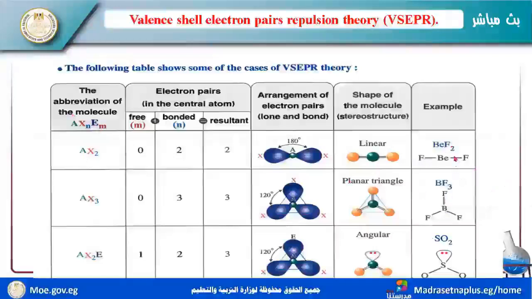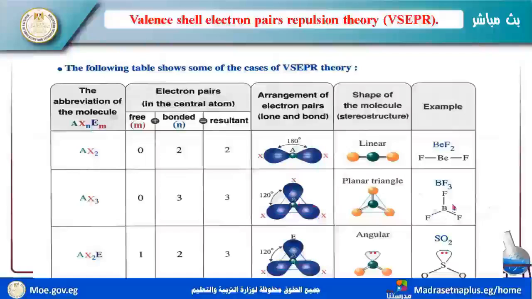BF3. We have B bonded with three fluorines, and you see here this shape is planar triangle. Why is it planar triangle? Because we have three bonded pairs around the central boron atom.